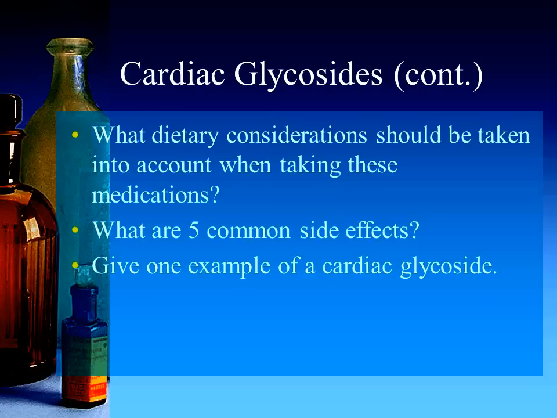Over time, if it's the nausea, taking them with food and doing some things like that may help it subside. And then that last question, to give one example of a cardiac glycoside: Lanoxin would be one, which you already researched, and a second one would be digoxin, which is another form of the same medication and is also a cardiac glycoside.